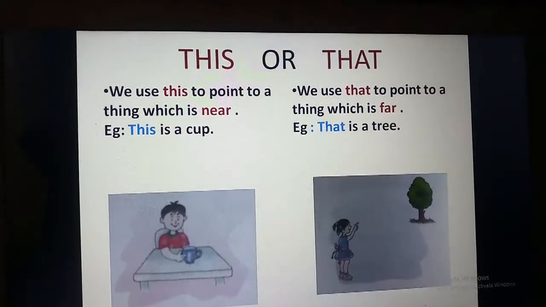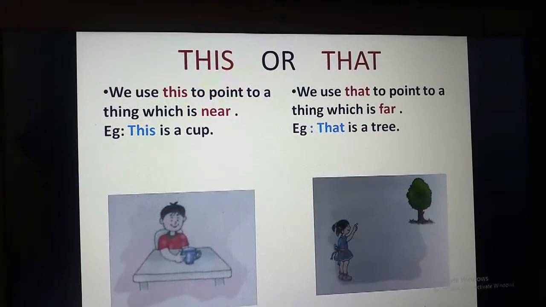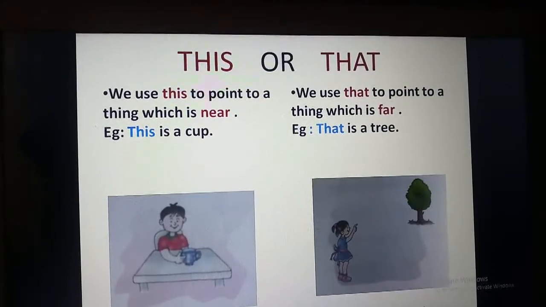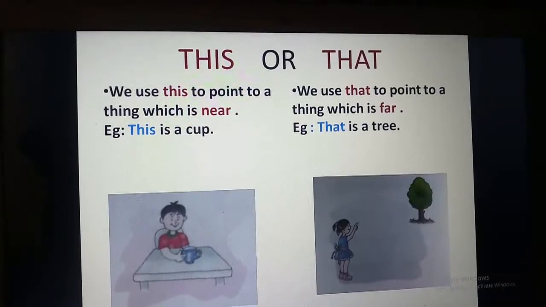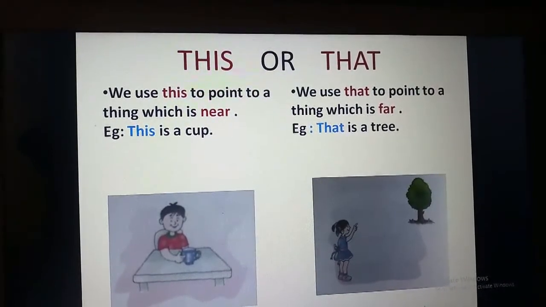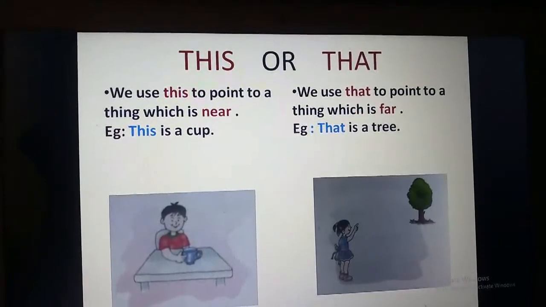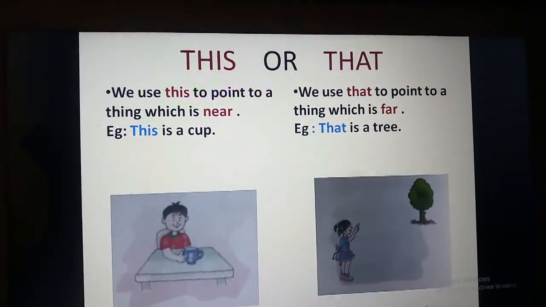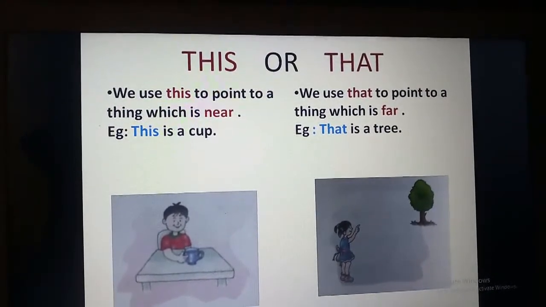The cup is near to the boy. So, look at the example written. This is a cup. What do we use? This, because the cup is near. Understood? When anything is near to you, you will use this.